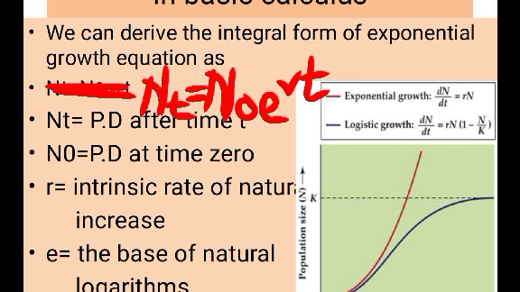Here Nt is the population density after time t, and N0 is the population density at time 0. r is the intrinsic rate of natural increase and e is the base of natural logarithm. Its value is 2.71828.